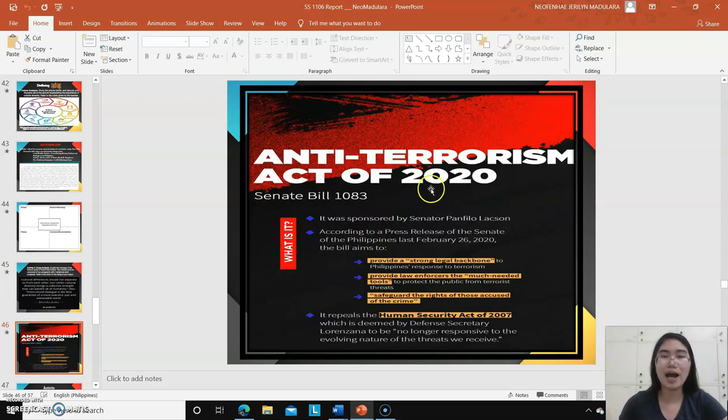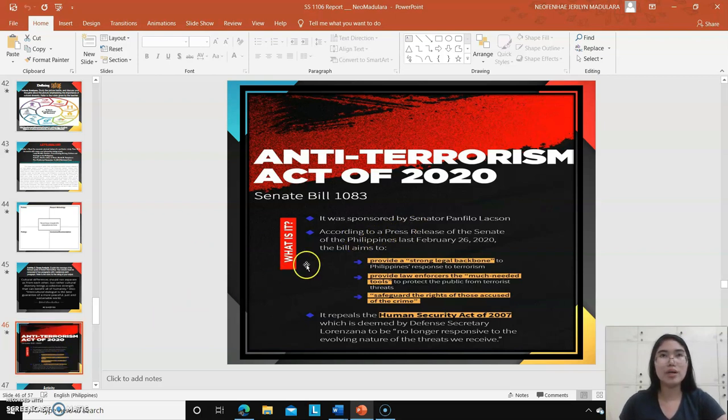Another topic, Anti-Terrorism Act of 2020. Example in cognitive, you can have them analyze the pros and cons of the Anti-Terrorism Act. Also, you can have them make a graphic organizer showing the positive and negative of this Republic Act 11479 or Anti-Terrorism Act of 2020.